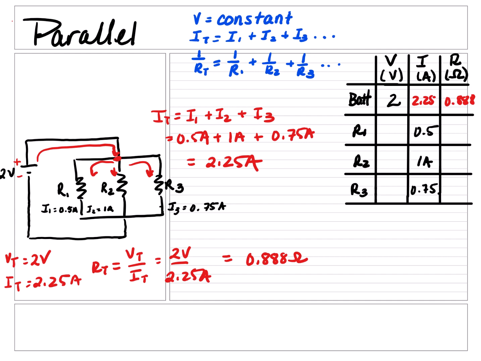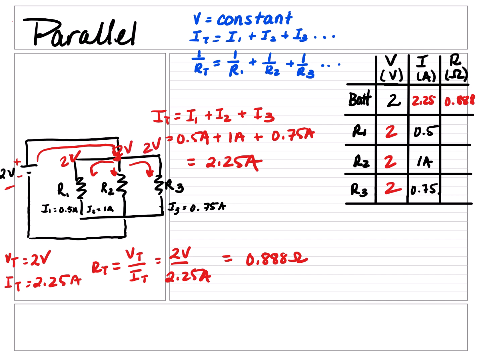Since we know the battery, R1, R2, R3 are in parallel, and the voltage at the battery is 2, that means R1 has a voltage of 2, R2 has a voltage of 2, and R3 has a voltage of 2. So this is 2 volts, 2 volts, and 2 volts.